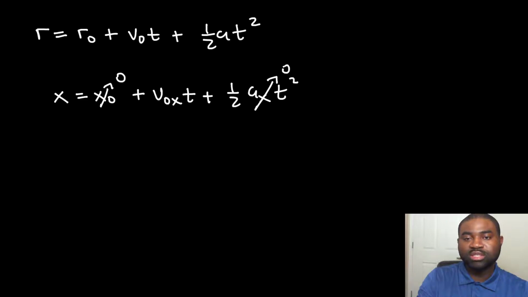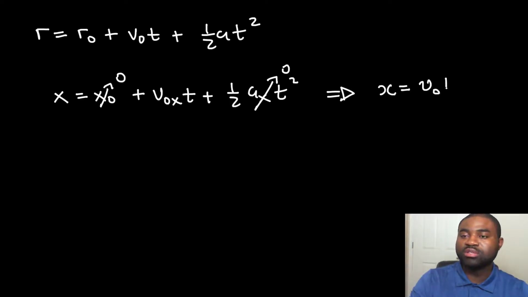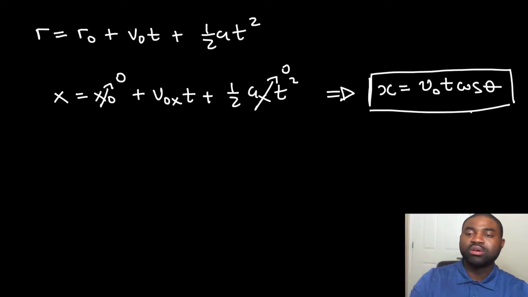This is 0. So this would mean that x is equal to v0 t cosine of theta. This gives us the expression for x along the horizontal direction.